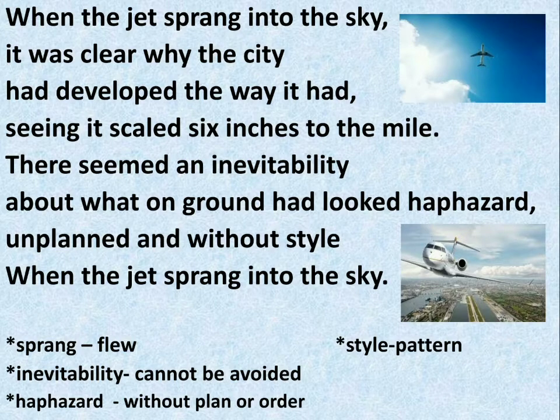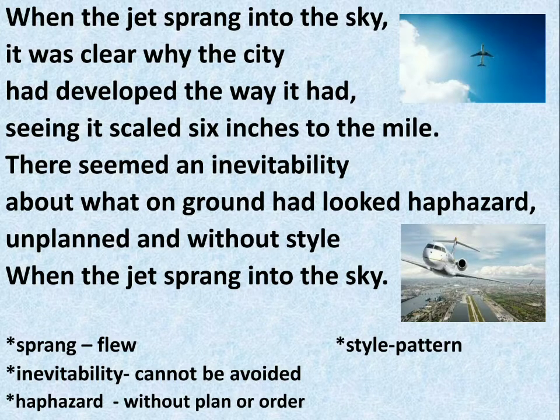Why did the earth look inevitable from the sky, children? Yes, because one cannot see the whole of it on the earth. We can see only in part. At once we can't see everything. As we are a part of the earth, we see only in parts.